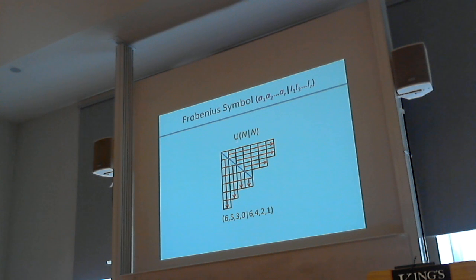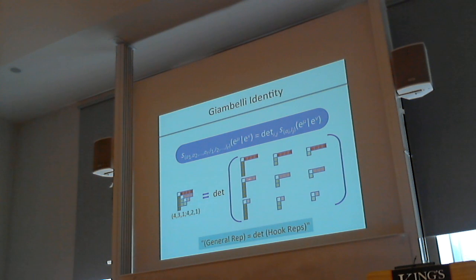It is defined by counting the numbers of boxes from the diagonal line. So here you find 6, 5, 3, 0. So you write 6, 5, 3, 0 here, and here you have 6, 4, 2, 1. The Giambelli identity tells you that the Schur polynomial of a general Young diagram can be written as a determinant of the Schur polynomials of hook diagrams constructed from all the combinations of arm lengths and leg lengths. And this is the Schur identity.